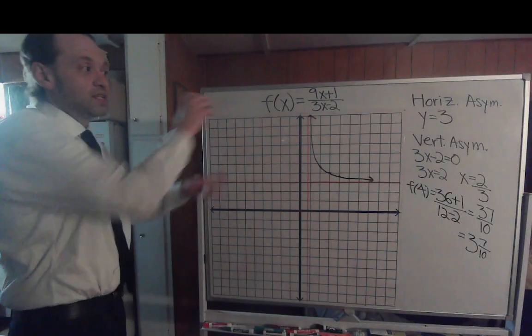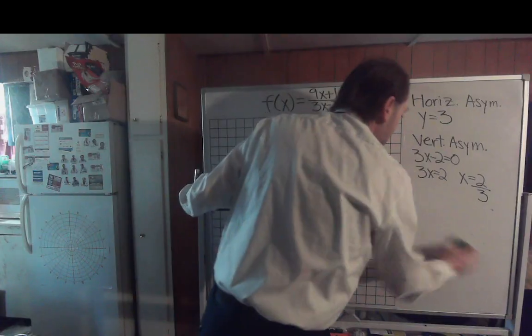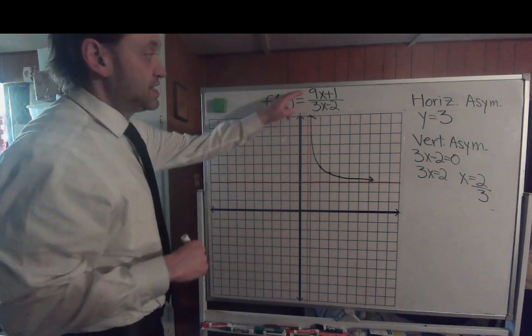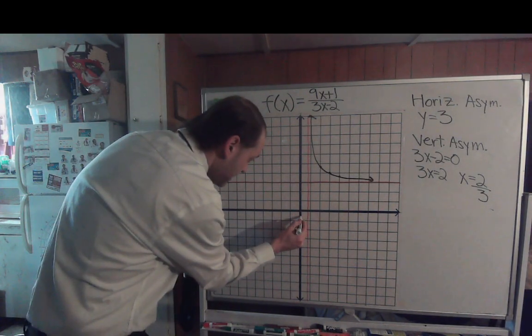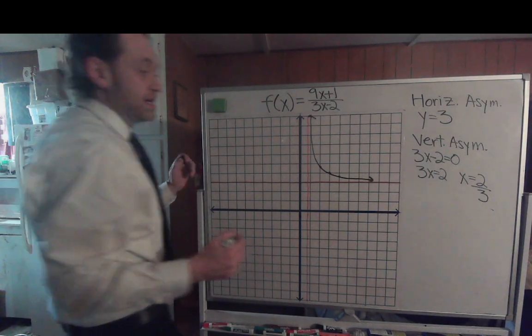Now let's go to the left of x equals 2/3. And what better number to start with than 0? If I pick 0 for x, I would literally get negative 1/2, which would put me right here. All right, now what if I pick negative 1?